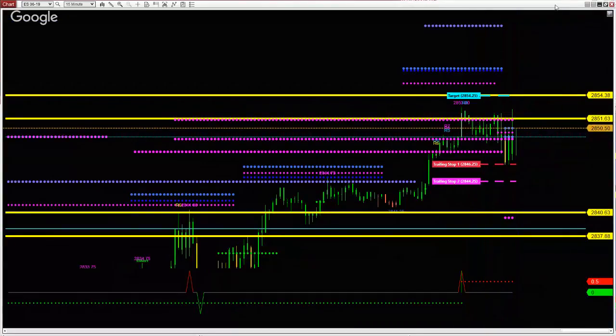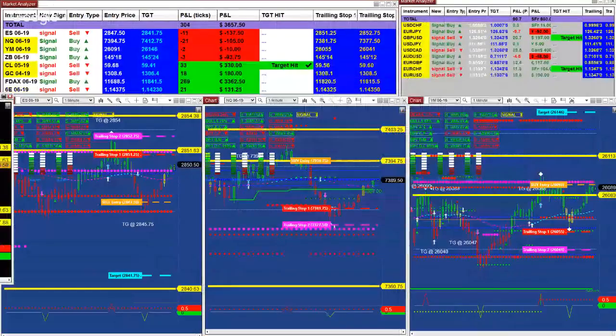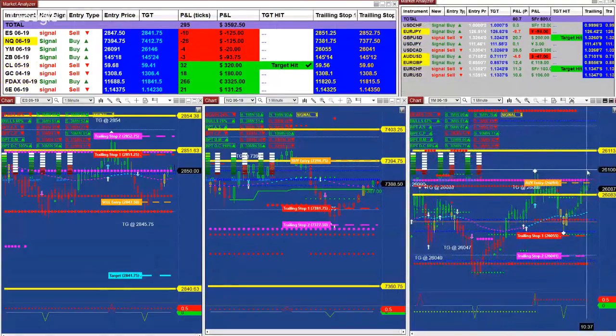So as long as your ES is not able to break the 5150, this market is going to continue to chop. So this is the way you need to look at it. And that is going to cause this YM to stop at the 93 level.